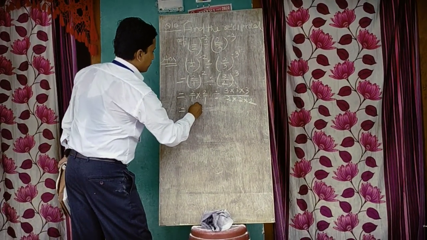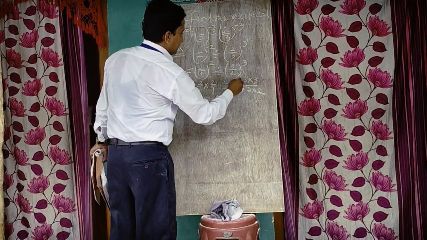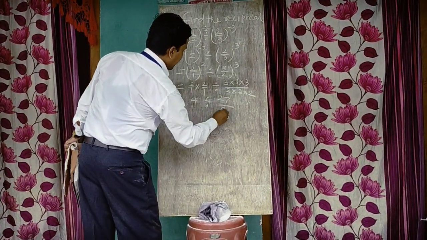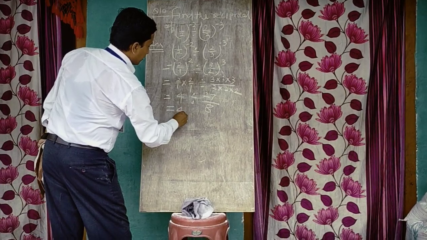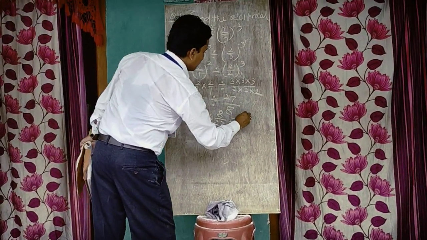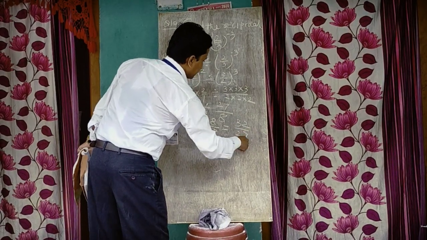Now, 2 twos are 4, divided by 3 threes are 9, 3 nines are 27 by 2 twos are 4, 2 fours are 8, equal to 4 into 8 by 27 equal to 32 by 27.